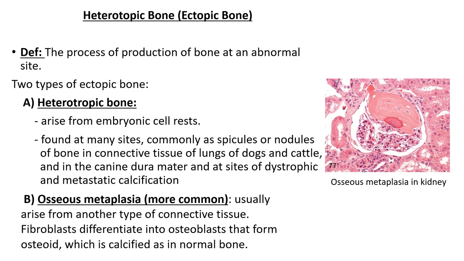So the last lesion I'm going to discuss in disturbances in mineral metabolism is heterotopic bone or ectopic bone. It is a process of production of bone at an abnormal site. There are two types of ectopic bone.